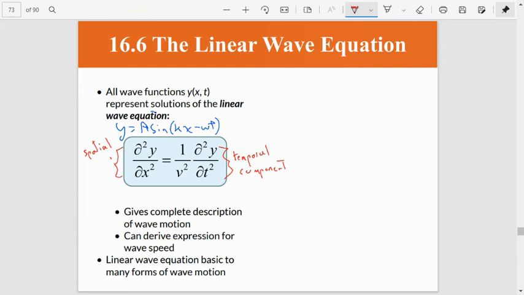So you could solve for v squared for the sinusoid, and you could get the formula we've seen in section 16.3. And it's not just the sinusoid. There's many wave functions that are also linear, that also describe a transverse wave, that satisfy the linear wave equation.